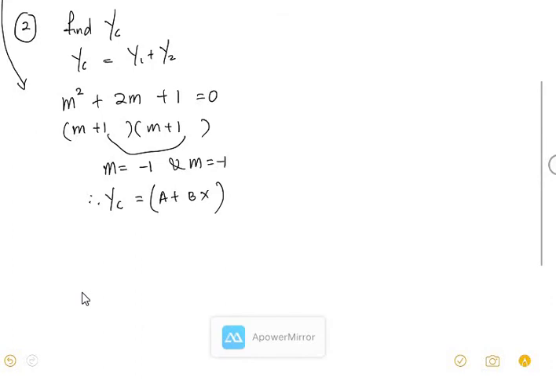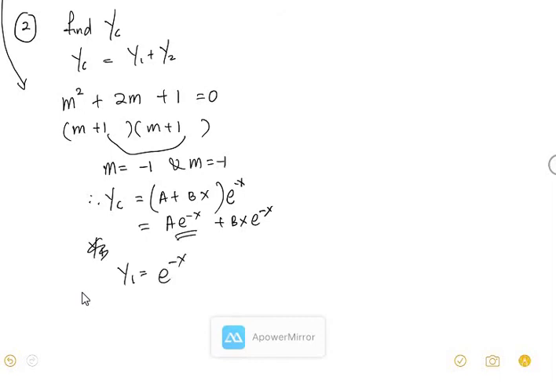Yes, it's case 2: two real and equal roots. M1 equals M2, and then your general solution will be (A plus Bx) exponent mx. So now your yc equals (A plus Bx) exponent mx.